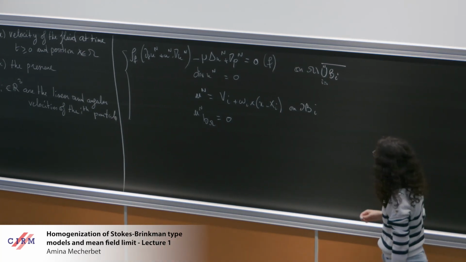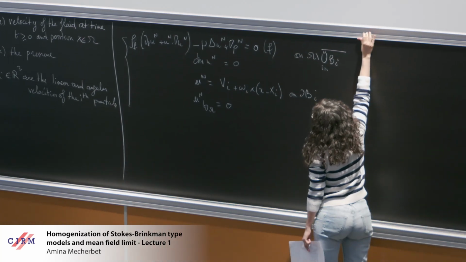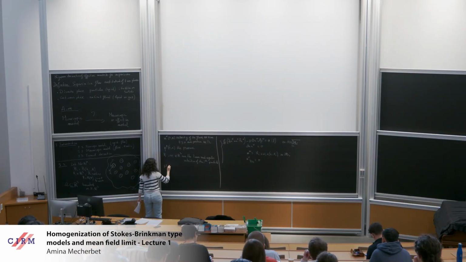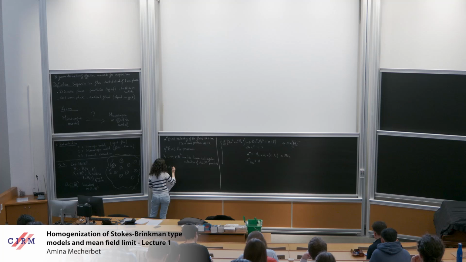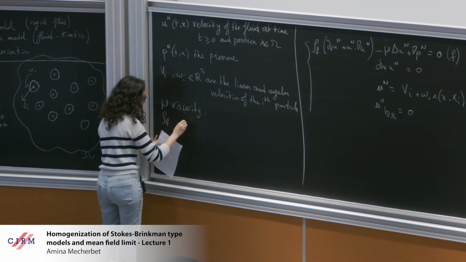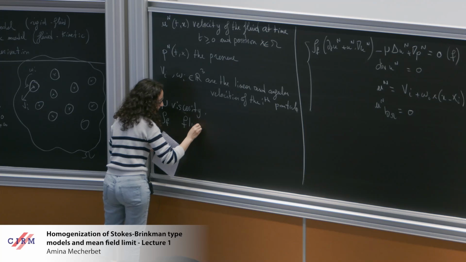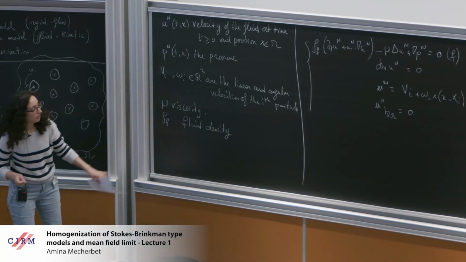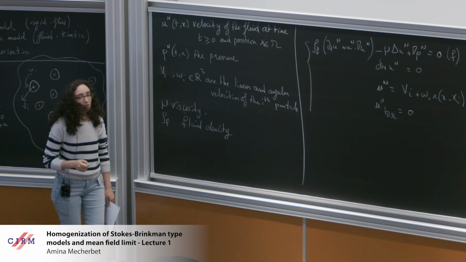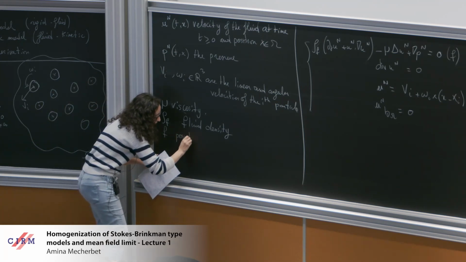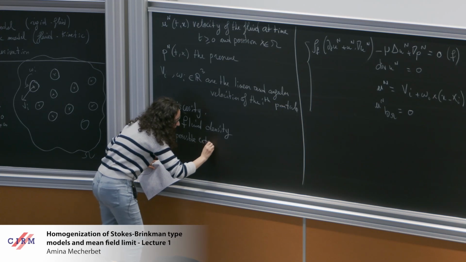So we will write a Newton law for each one. Let me just specify the constants. So mu is the viscosity, rho f is the fluid density, and F may be some possible external force.